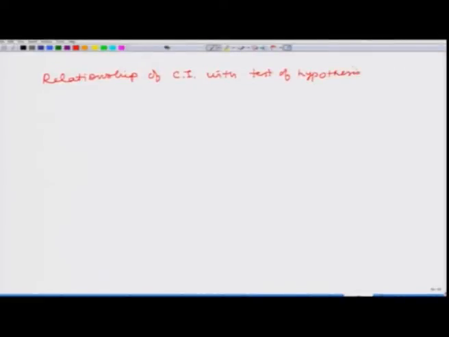You have seen that in the case of a confidence interval, essentially we are trying to find two statistics, Lx and Ux, the lower bound and upper bound, and we believe that this area is 1 minus alpha percent, this area is alpha by 2 percent, and this area is alpha by 2 percent.